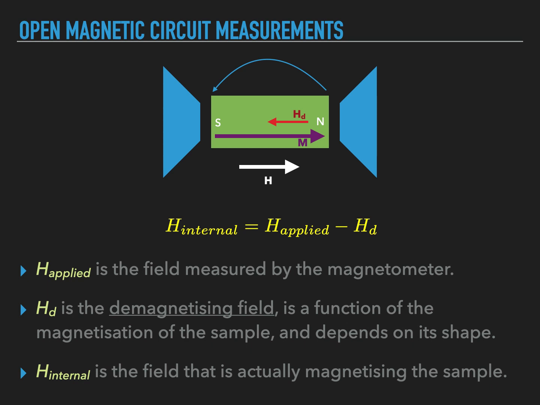It depends on the magnetization of the sample, and it also depends on the sample shape. So in this equation, you can relatively easily know the applied field, but determining the demagnetizing field in order to calculate the internal field, the field that is actually acting on the magnetic material, is not trivial.